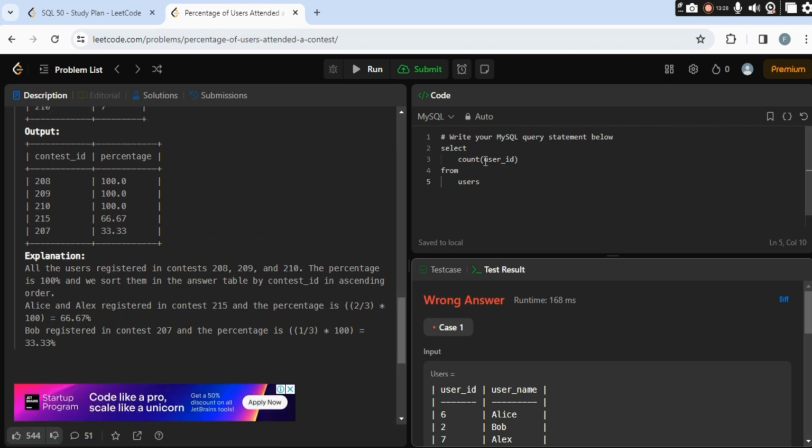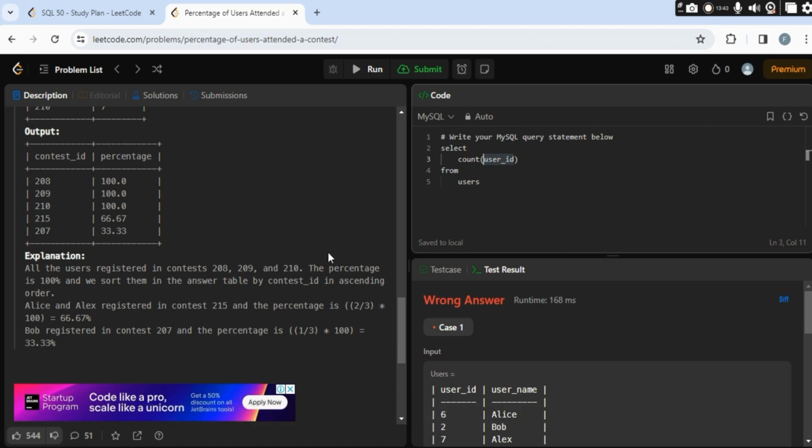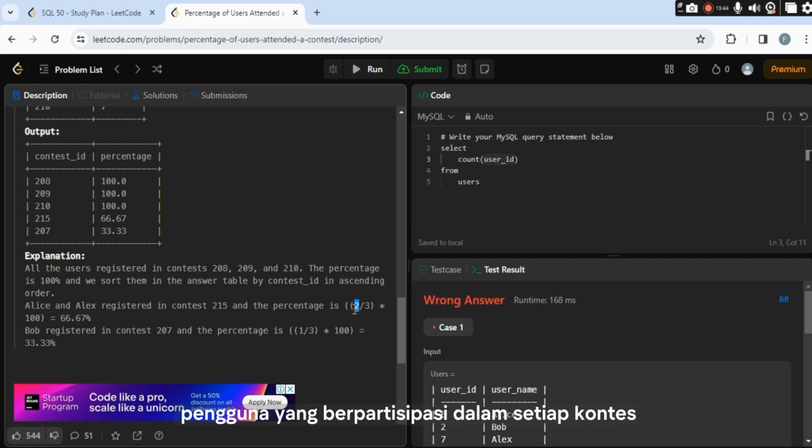The next part is to calculate the percentage of users that participate in each contest against the total number of users. To do that, we write the query like this.